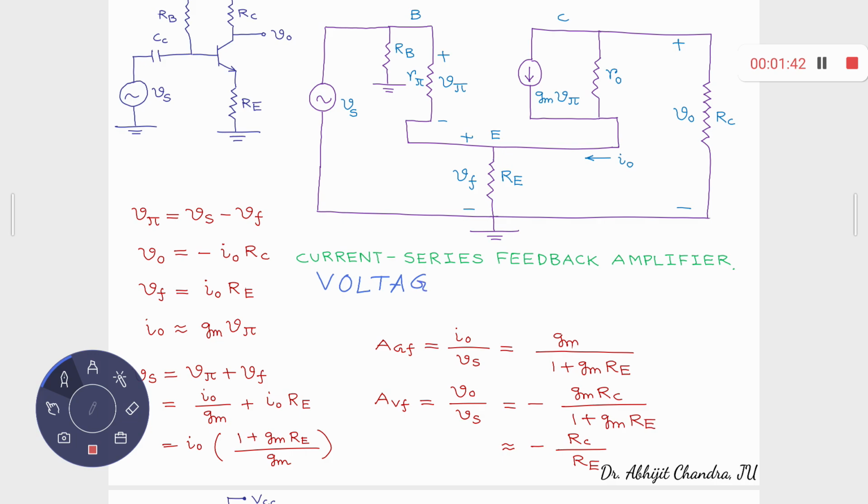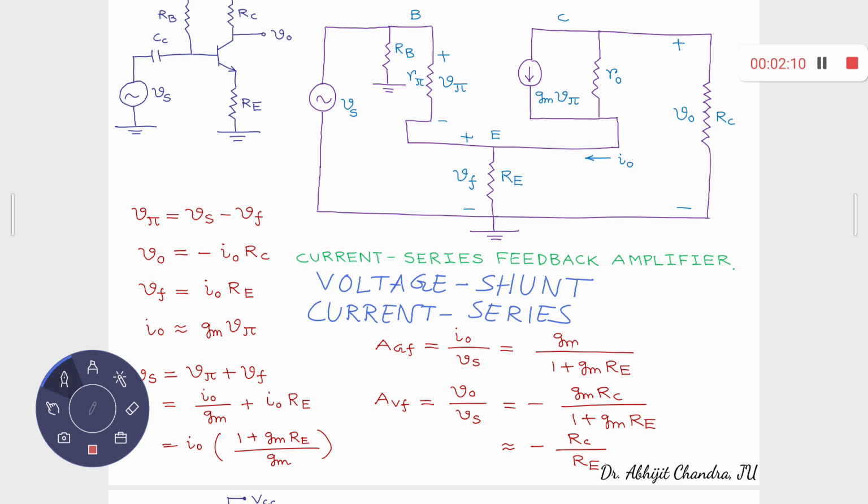We have also discussed the current series kind of feedback amplifier. What you need to do is that you have to develop, say for example, I'll start with, let it be voltage series or current shunt, whatever it may be.